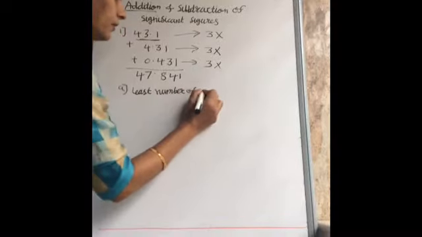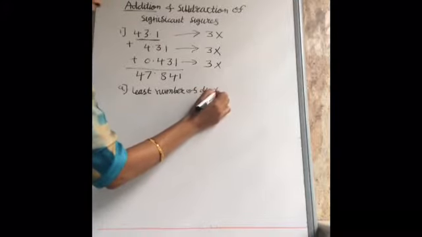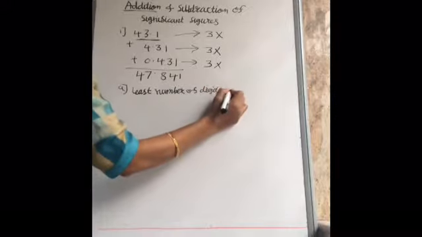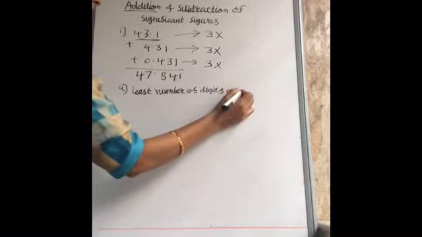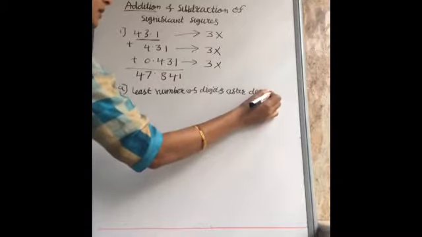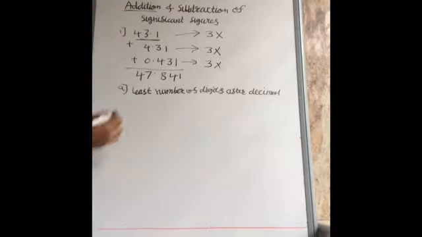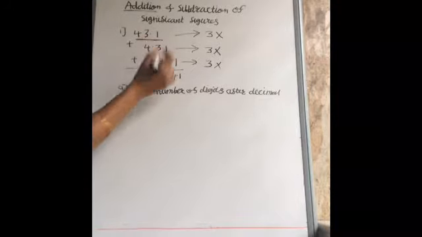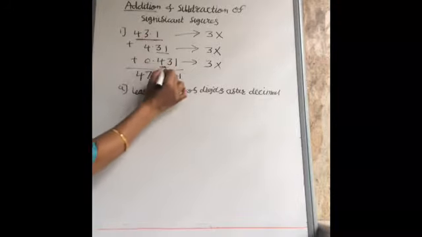If you see, this has 1 digit after decimal, this has 2, this has 3.